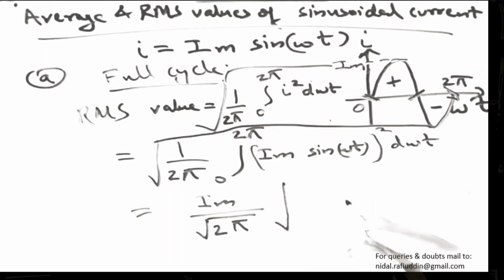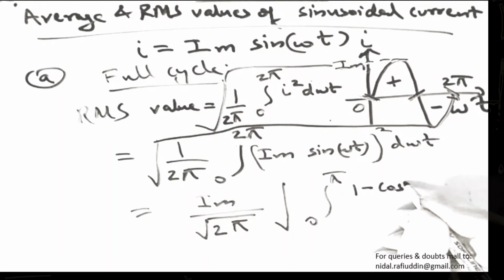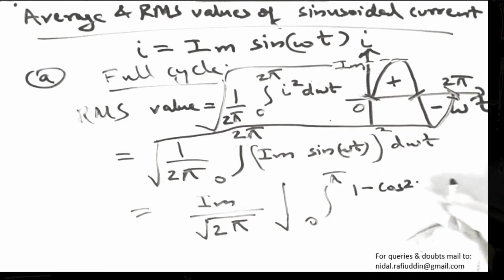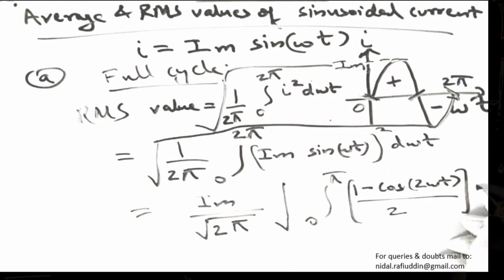Then inside this we have sine omega t square. In order to compute the integration of this term, we'll first convert it into the term 1 minus cos 2 omega t divided by 2 and d omega t.